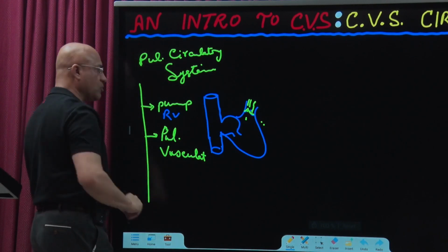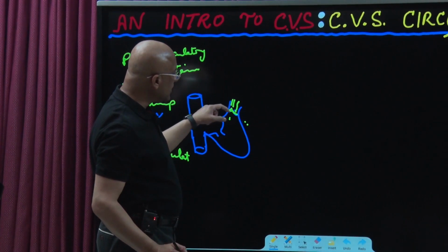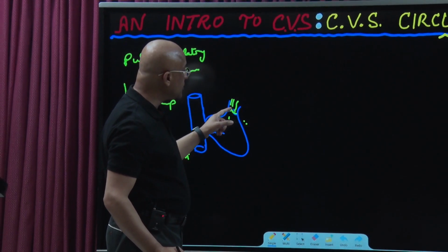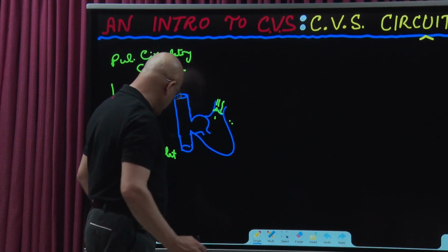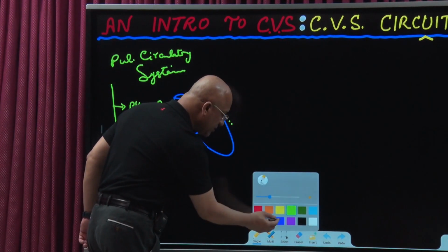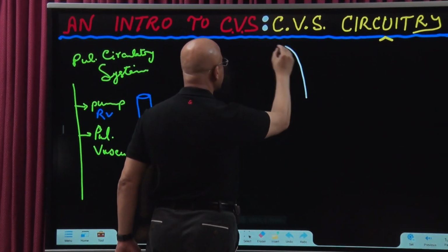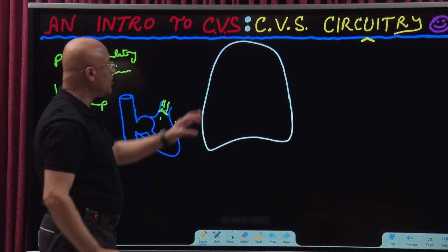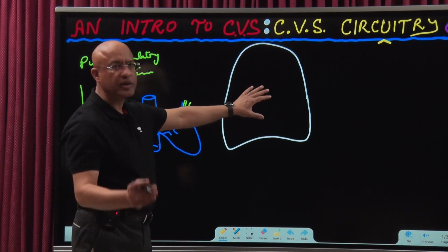Now, the pulmonary vasculature, as I mentioned, starts from the pulmonary valve, and the vascular system extends from here into the lungs. Let me draw the lungs. Let's suppose that this is our pulmonary tissue. This structure is representing both lungs.